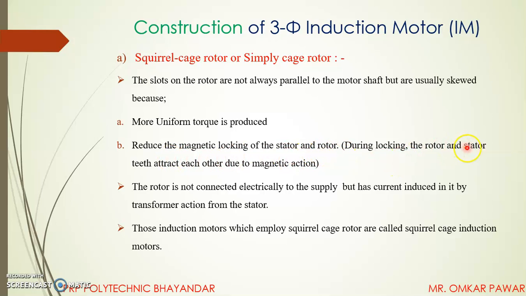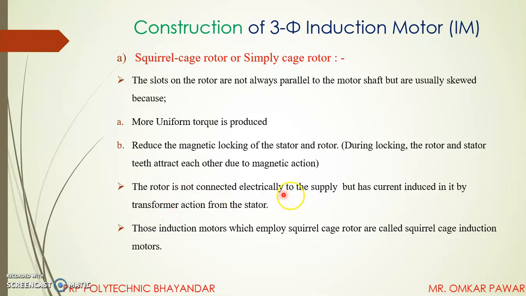During locking, the rotor and stator teeth attract each other due to magnetic action. If magnetic locking takes place, then the rotor and magnetic field rotate at the same speed, but we don't want that. So we use a skewed conductor.